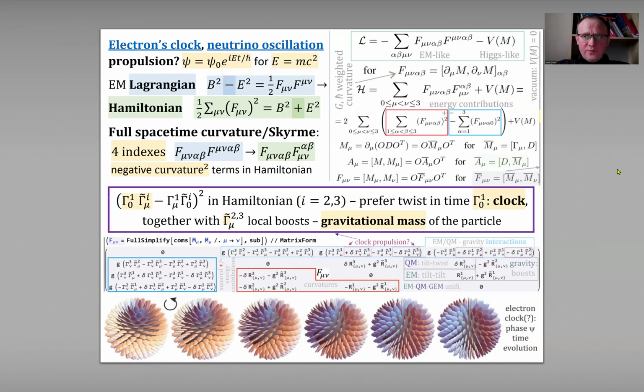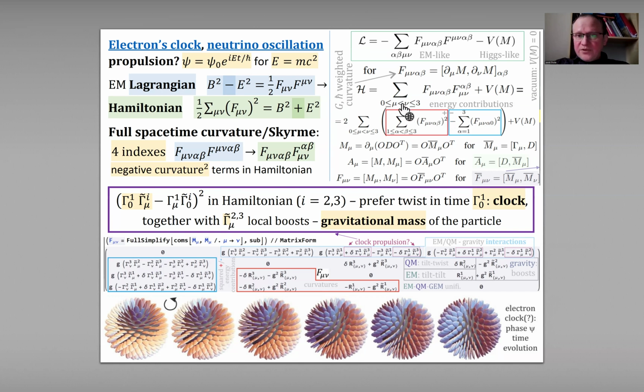And now the full model. So let me briefly talk about the full model. So here is the Lagrangian I'm considering, and going to Hamiltonian. So while for electromagnetism, going from Lagrangian to Hamiltonian, we get only positive contributions. It had only two indexes, F mini, F mini. However, using 4 indexes, because curvature has finally 4 indexes, if we go to Hamiltonian, we get also negative contributions.